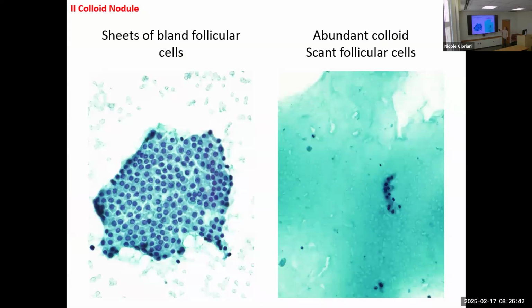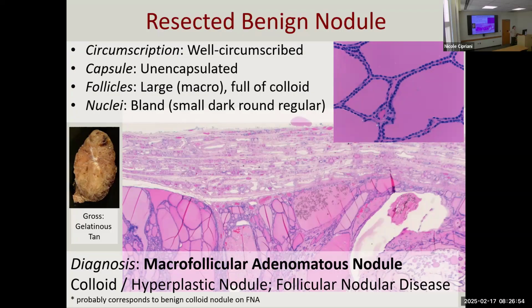So if on FNA they see basically large walls of a large follicle and tons of colloid, that to me implies that these are large follicles, not small ones, right? So hence macrofollicular. So we try to correlate with what we see and what they see. The current term for multiple of these in one thyroid is follicular nodular disease.